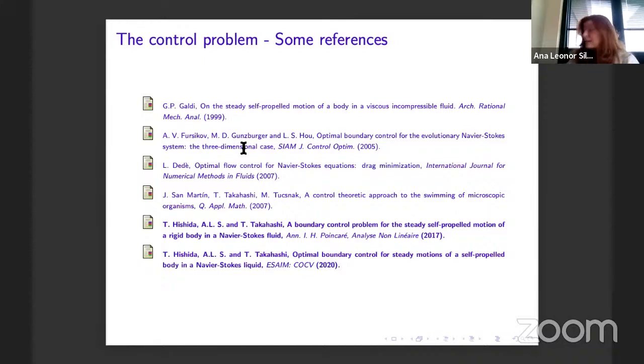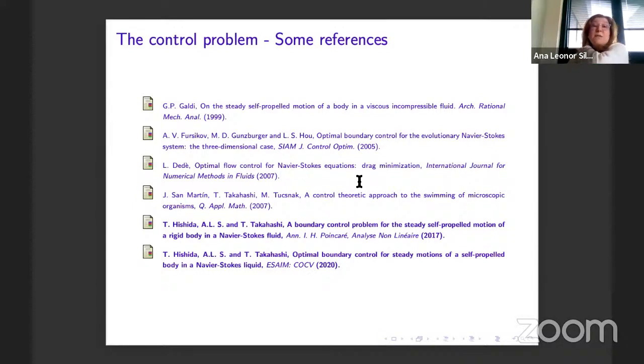And again, here the main difficulty was due to the exterior domain, and also to a very precise characterization of the boundary values that the authors used in this paper. So here the authors were also interested in drag minimization.